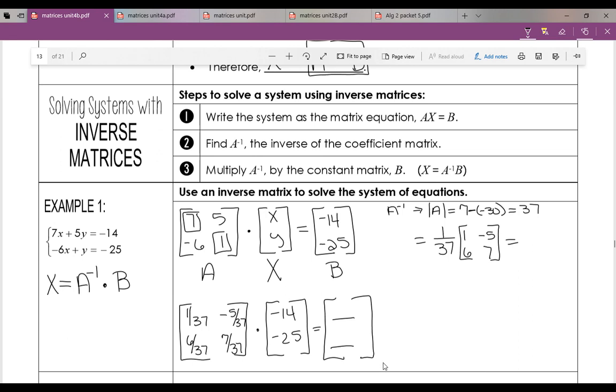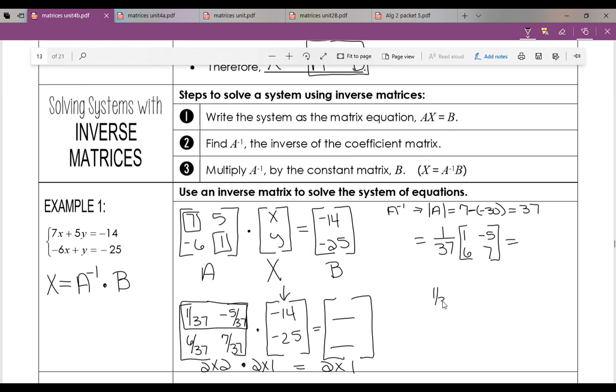Now, the next thing we have to do is take this 2 by 2, multiply it by this 2 by 1, and that produces this 2 by 1. Everybody okay with that? Now, matrix multiplication. You go across this row that has 2 elements in it, pair it with these 2 numbers.